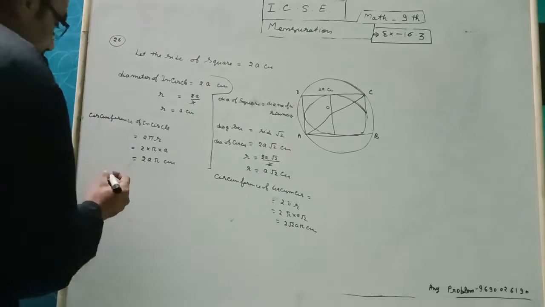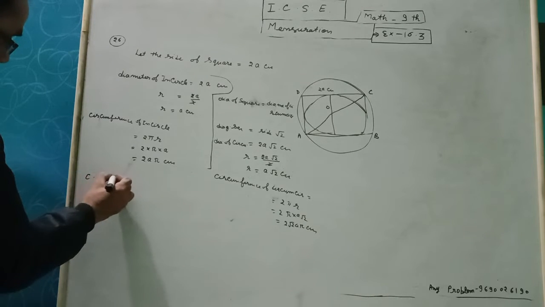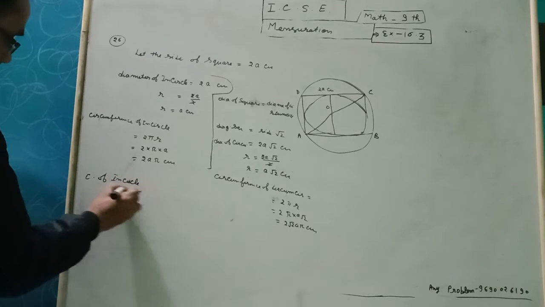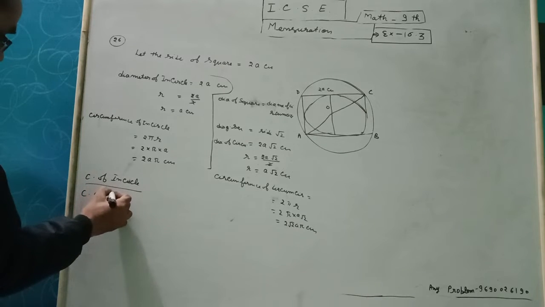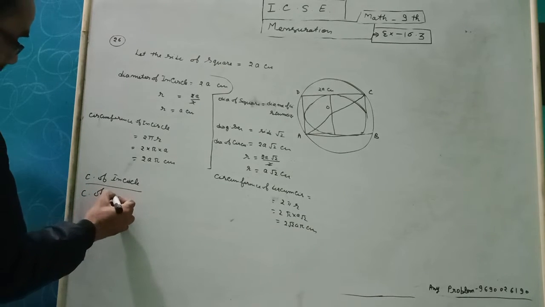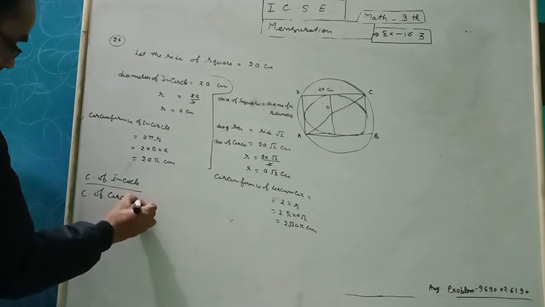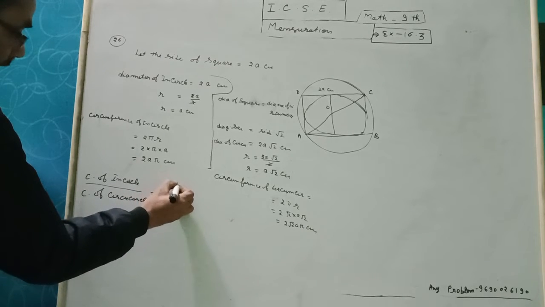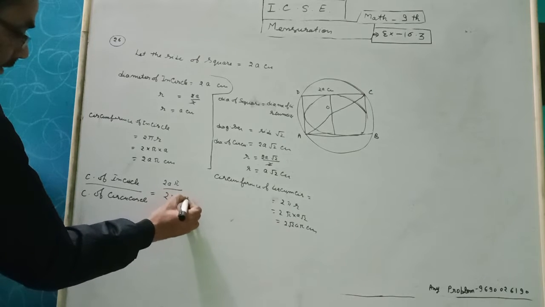Then write the ratio: circumference of the incircle upon circumference of the circumcircle is equal to 2a pi upon 2 root 2 a pi.